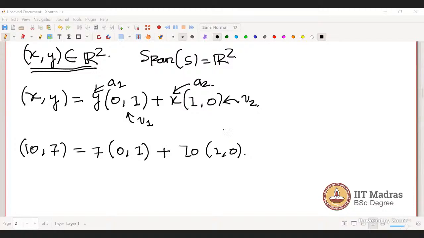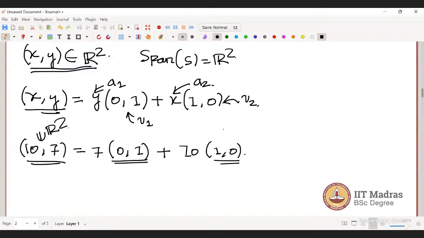So as you can see, I can write (10, 7) as a linear combination of (0, 1) and (1, 0). Here I have taken a particular element of R2, but there is nothing special about 10 and 7. I can take any arbitrary element of R2 and write it as a linear combination.